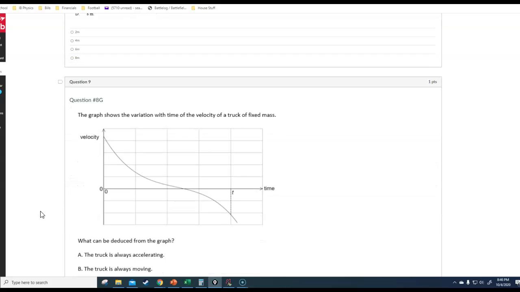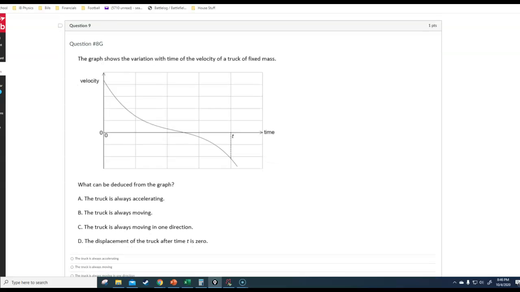Okay, question 8G was actually kind of a complicated question. So you have to pay close attention to the graph that you're looking at and interpret everything correctly. Now, we're given a velocity time graph, and only one of these statements is true. So let's go one at a time and try to eliminate some of these. A: the truck is always accelerating.